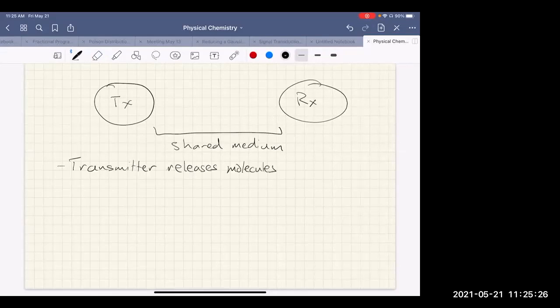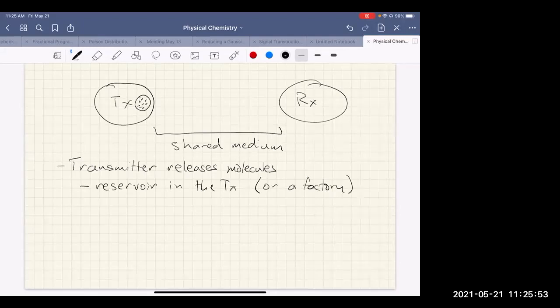So in other words, this implies there is a reservoir in the transmitter, or perhaps, if you like, a factory to create those signal bearing molecules. So somewhere in here, there's a reservoir that contains a lot of molecules.